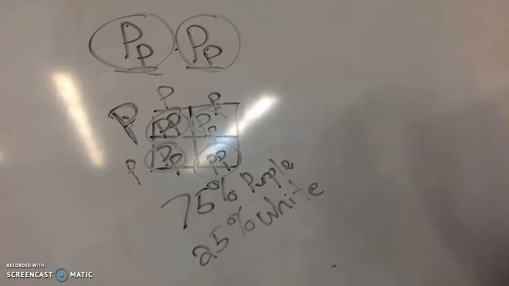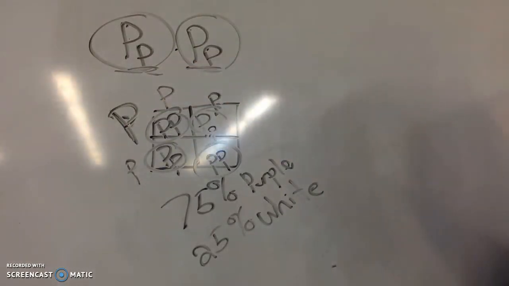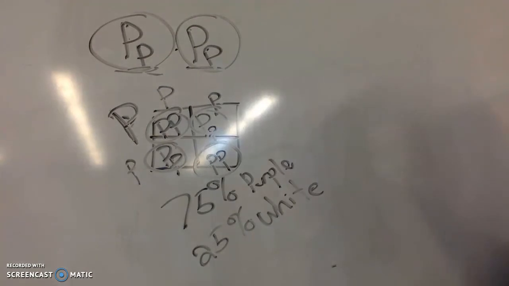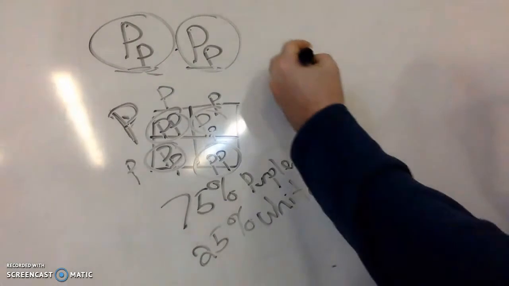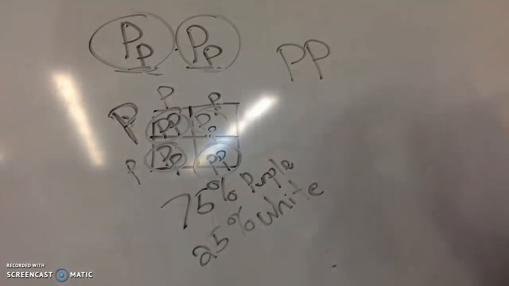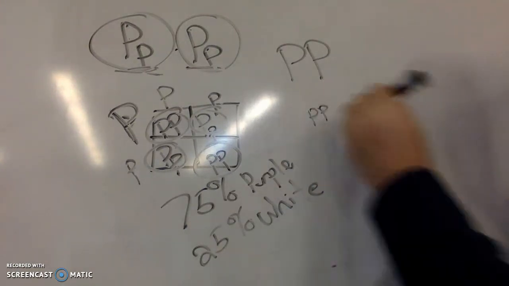Remember this, in order to do the setup, you have to know these words, homozygous and heterozygous. These two parents up here are heterozygous. That means they have two different alleles. Homozygous, you could be homozygous dominant, and that would have two capital letters, or you could be homozygous recessive, okay?